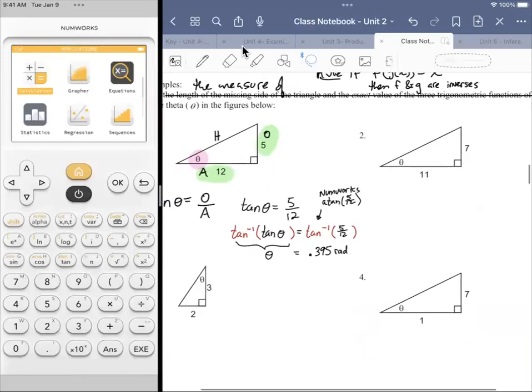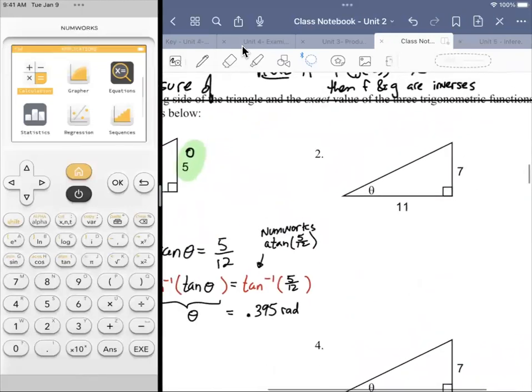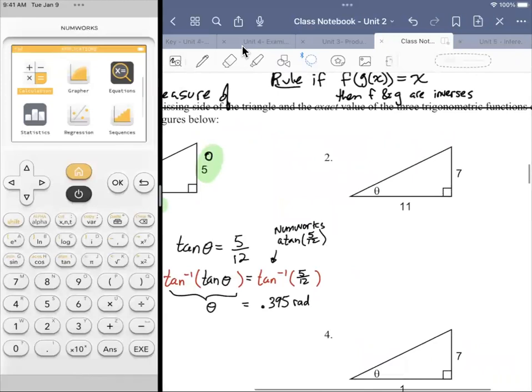The next example is pretty much the same concept. Actually, I'm going to change it because I can. We're going to make this the hypotenuse. So pretend this wasn't there.